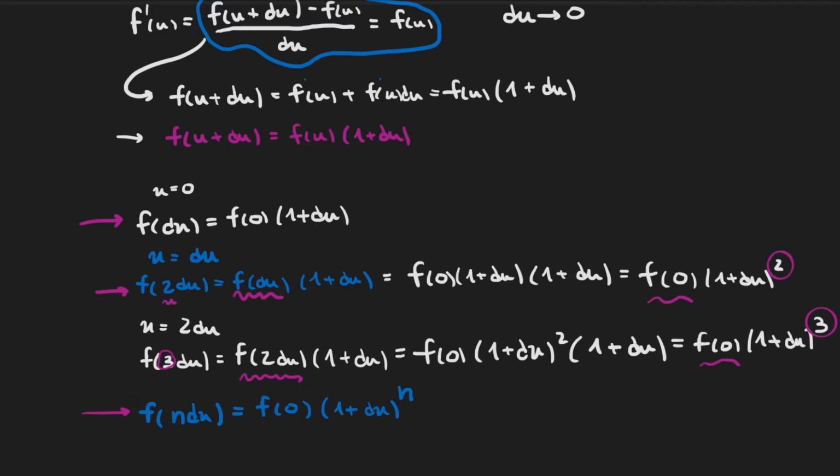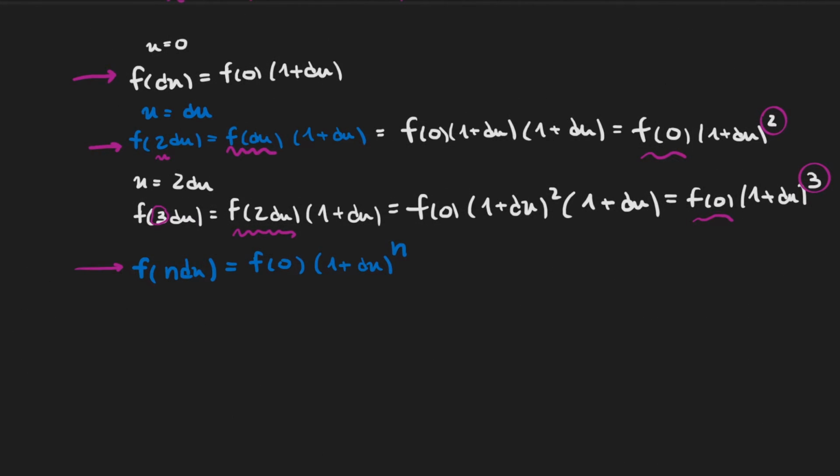Next, what we can do is ask: what is the value of n, what value does n need to have such that n dx is equal to x, with x being any number that I wish? We make this our second definition.